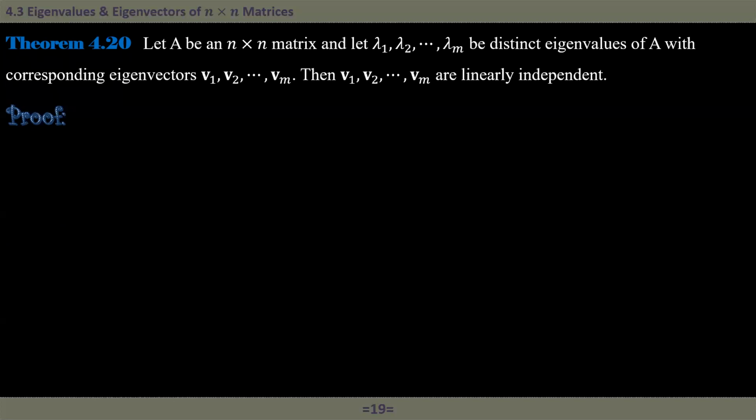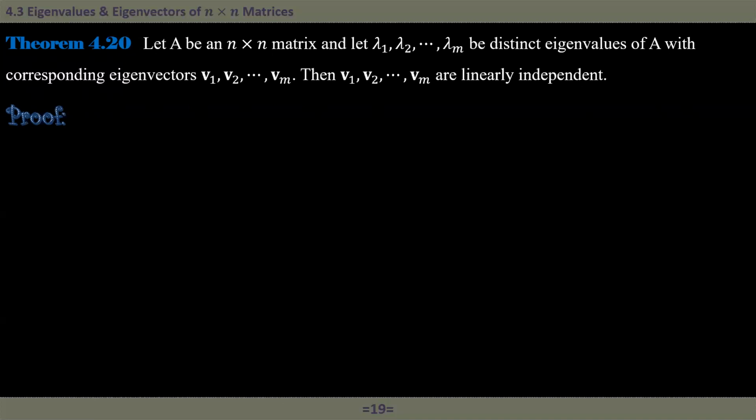Let A be an n by n matrix, and let lambda 1, lambda 2, dot, dot, dot, lambda m be distinct, they're all different eigenvalues of matrix A with corresponding eigenvectors v1, v2, dot, dot, vm. Then v1, v2, dot, dot, vm are linearly independent. So this is a really important theorem, and I will make use of this in some problems in the future.